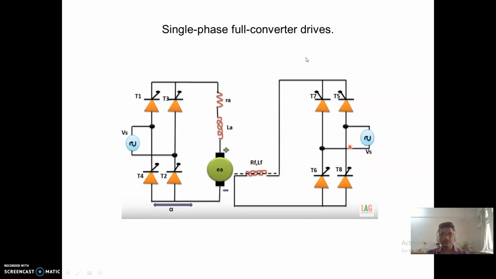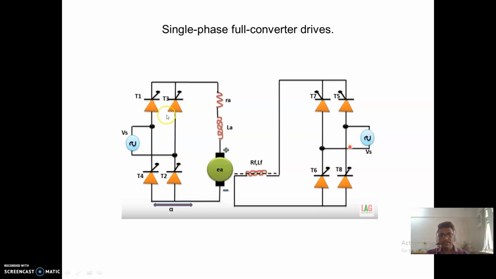Single phase full converter drives. In single phase full converter drives, the lower two diodes are replaced by thyristors as well. So it consists of all four thyristors, which helps to remove the freewheeling diode. When input voltage Vs is applied, during the positive half cycle T1 and T2 are on.